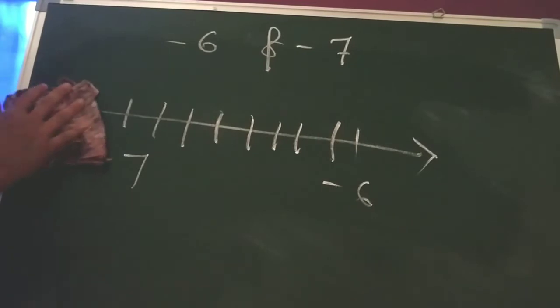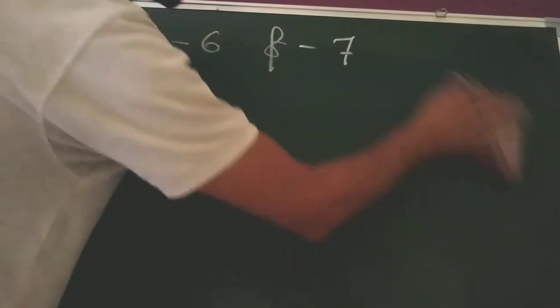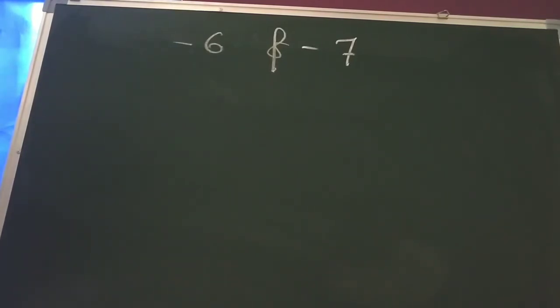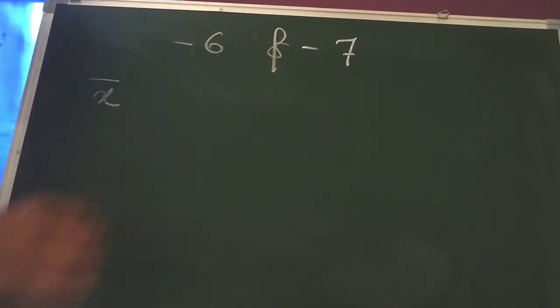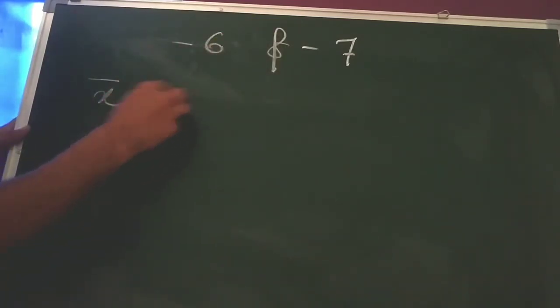So for that, the best way for class 8 is that you just find the numbers in between by the average method, that is, arithmetic mean. In class 7 we have already discussed how to find the mean. So let us find the mean of minus 6 and minus 7.